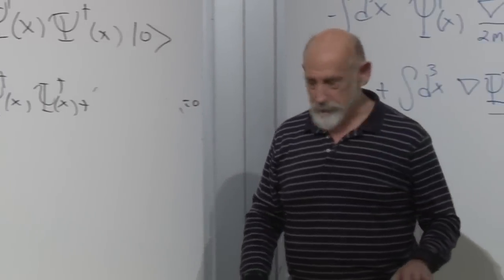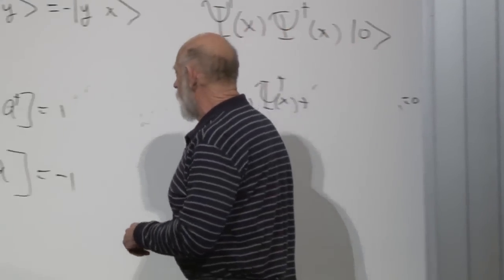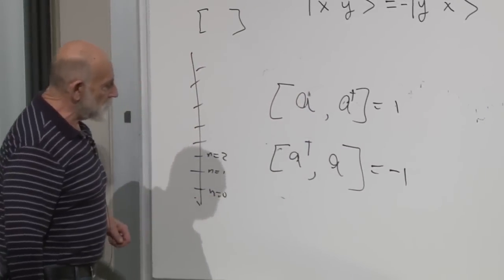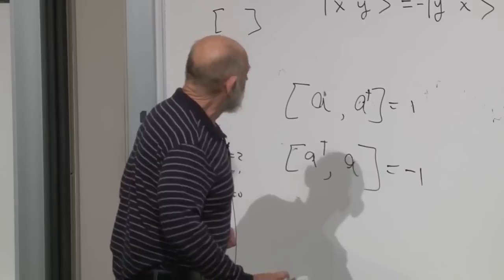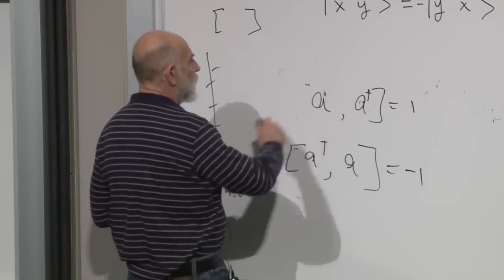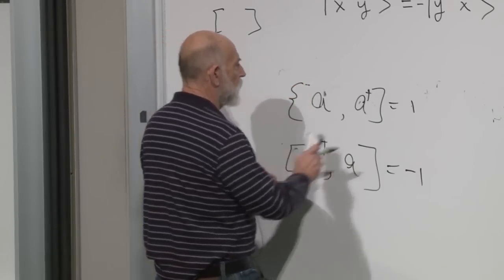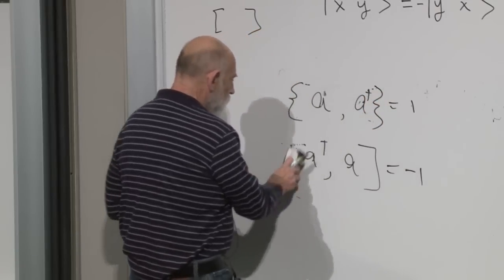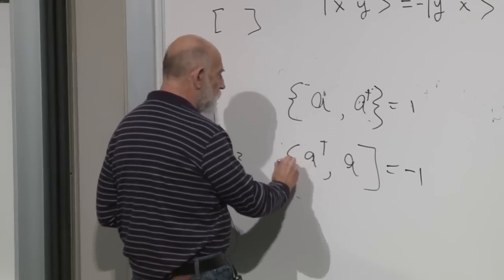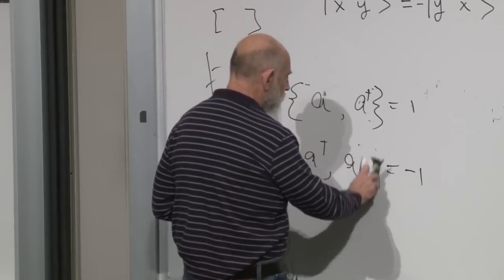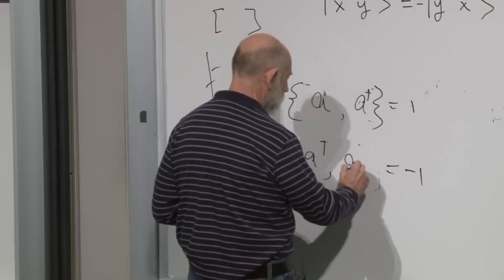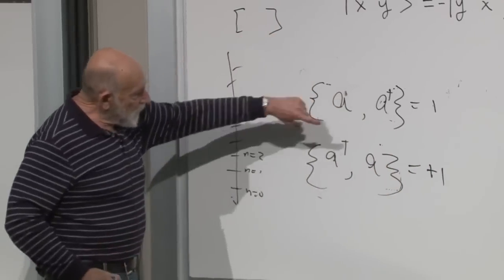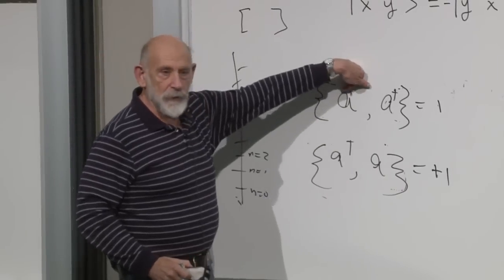Okay, what about fermions? Well, now you look at the fermion operators. They also have creation and annihilation operators. The difference, though, is that you have anti-commutation relations for fermions. You can create a fermion. The anti-commutator is +1, and anti-commutators are the same if you interchange.